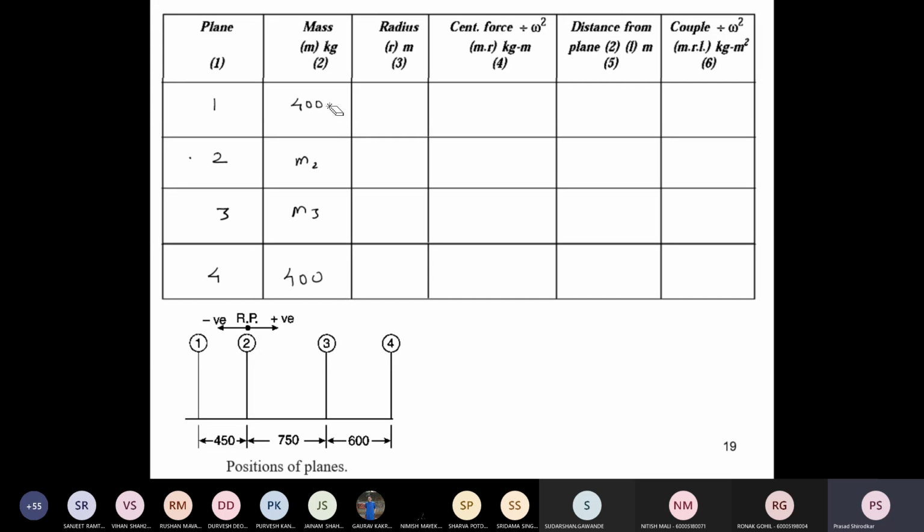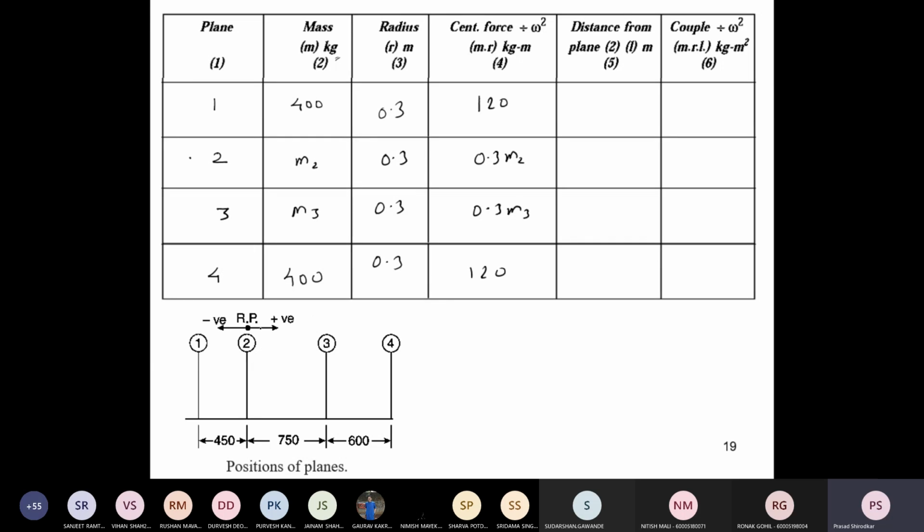Should not write kg over here, this unit is already mentioned. Radius for all is 0.3. Centrifugal force is 120 kg meter, 0.3 into M2, 0.3 into M3, and again 120 kg.